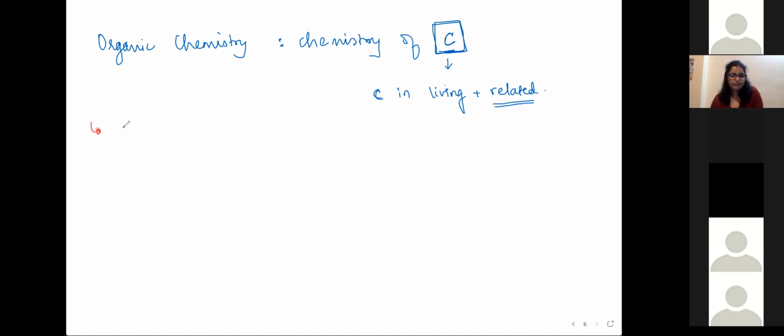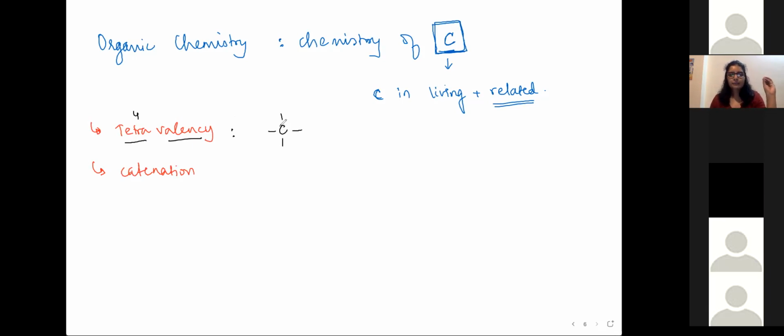It's tetravalency and catenation. Correct. So tetravalency is one, and the other property is catenation. Correct. Tetravalency is self-explanatory: tetra meaning 4, and valency is how many bonds it forms. So carbon is capable of forming 4 bonds, but that's not the only reason.